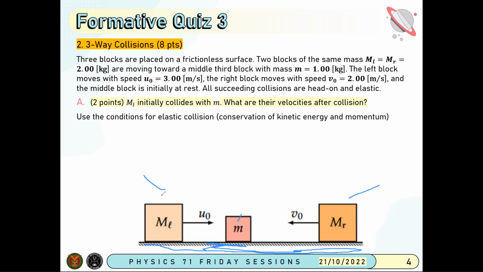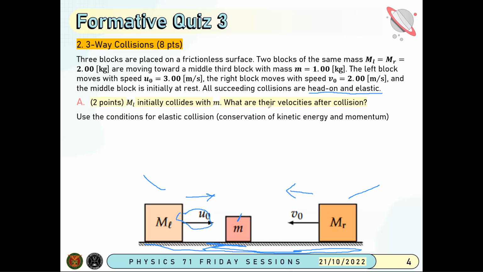So the left block ml moves with the speed u naught of 3 meters per second, and the right block moves with the speed of v naught which is 2 meters per second. So si ml nagmo-move to the right, si mr nagmo-move to the left. Okay, malito ha. ml, the left block moves to the right and the right block moves to the left. The middle block is initially at rest. All succeeding collisions will be classified as head-on and elastic. So assume natin na lahat ng mga collisions na itatanong for this problem will be head-on and elastic.